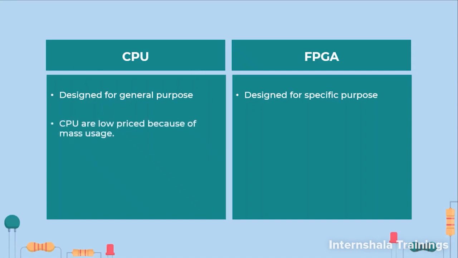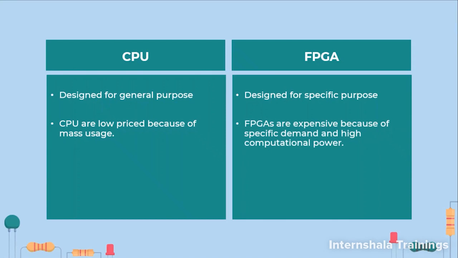In CPU, because the production is at mass scale, the price is low, whereas FPGAs are not so commonly used, so they are slightly expensive, and FPGAs are designed in different models. That is the reason that they are expensive in cost, but they are very high computational devices.